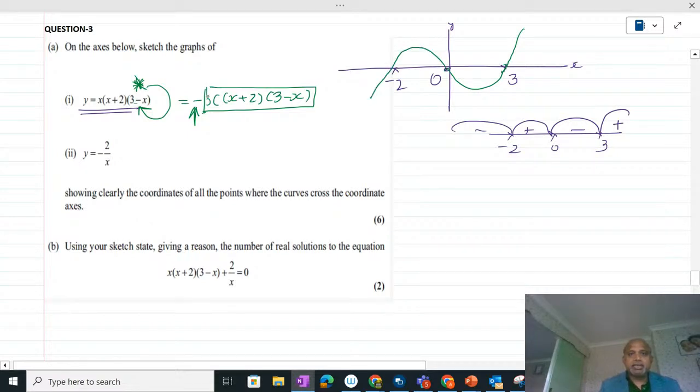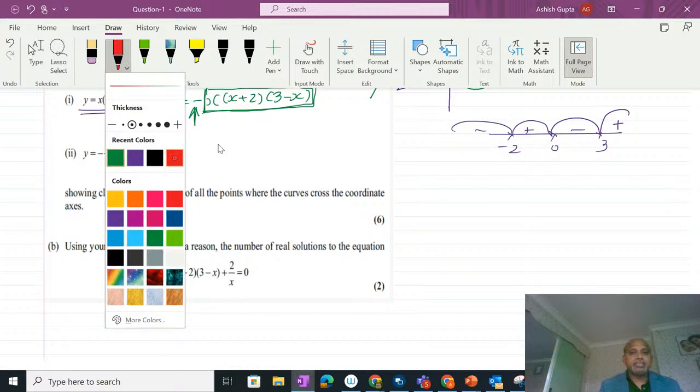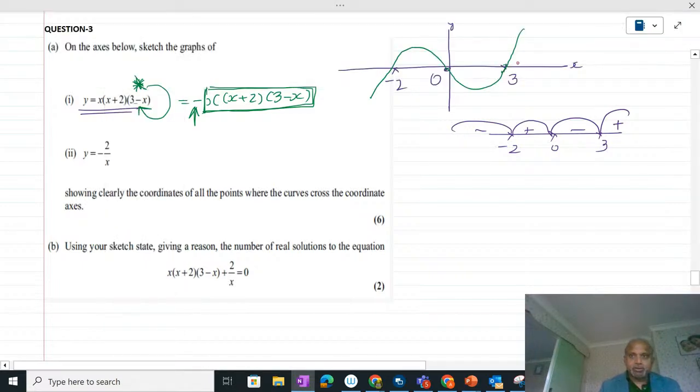So this is the graph of only what is in the rectangular box, but because of this sign, this graph will change. We need to reverse it. Whatever is going up will go down. Between 0 and 3 it is going down, so it goes up, and where it is going up, it goes down, and this will be your final graph.